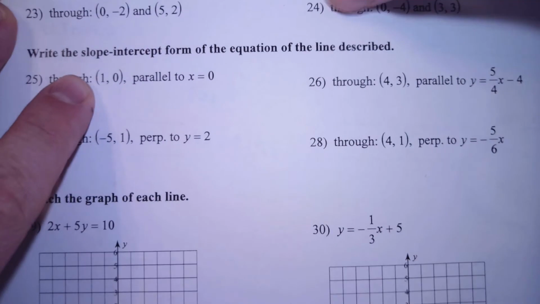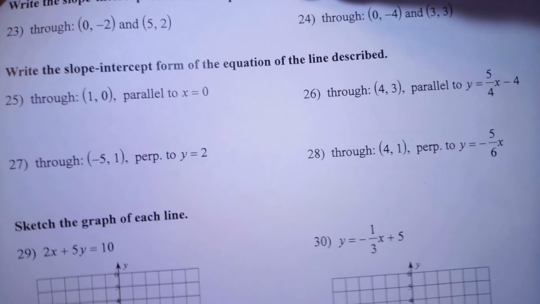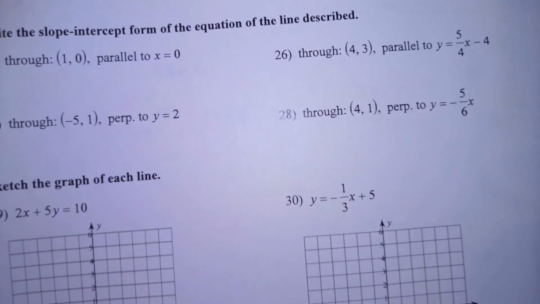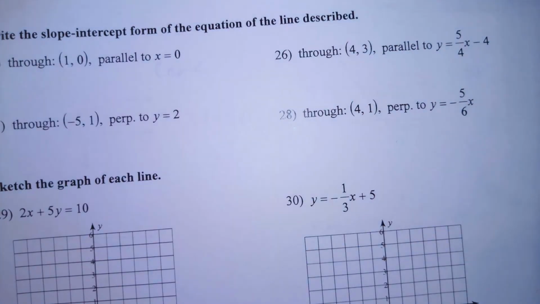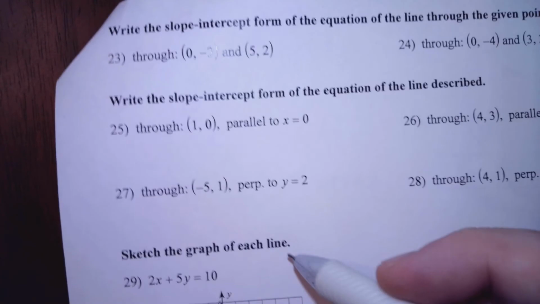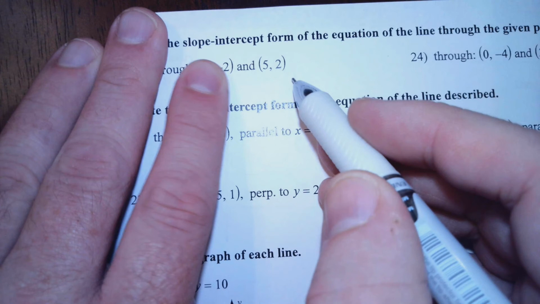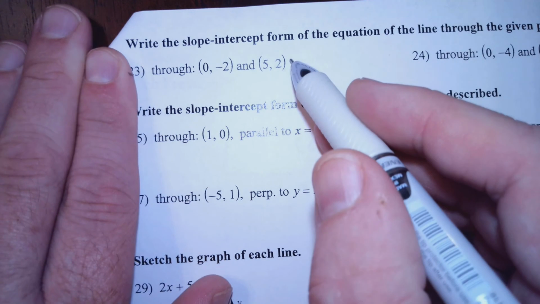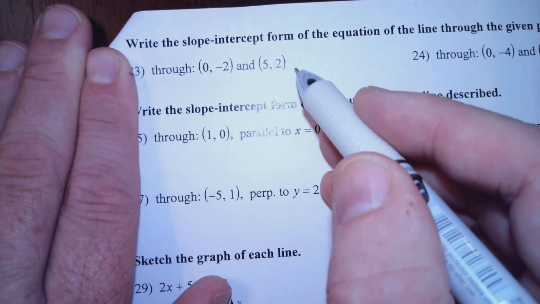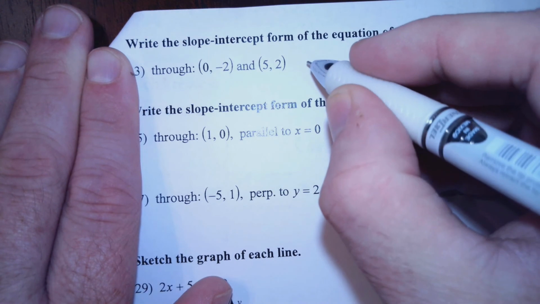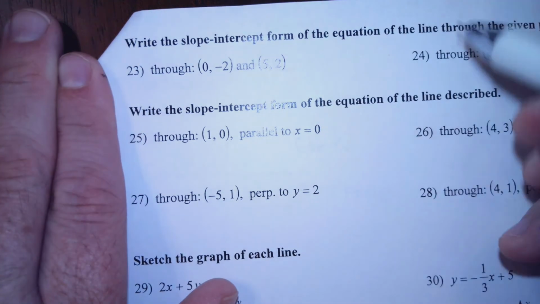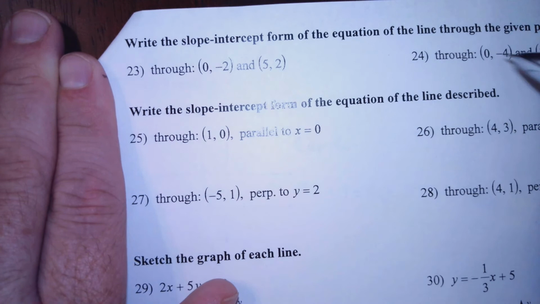Okay, write the slope intercept form of the equation. Okay, on these, I'll give you a hint. You got to find the slope first, and then you need to do it before. It's not going to make the test, so do the best you can on that.